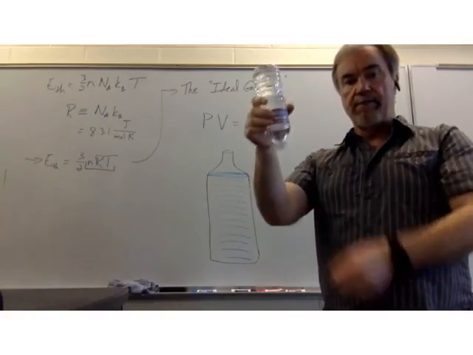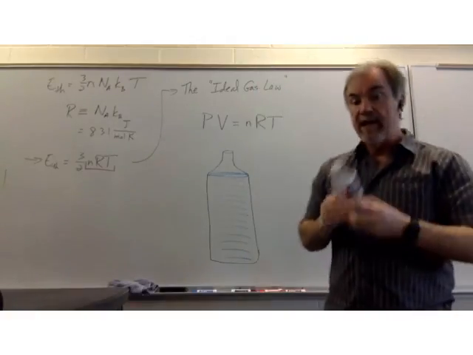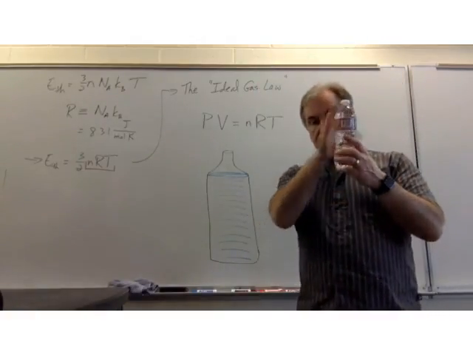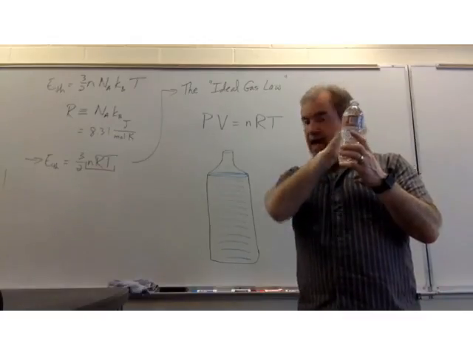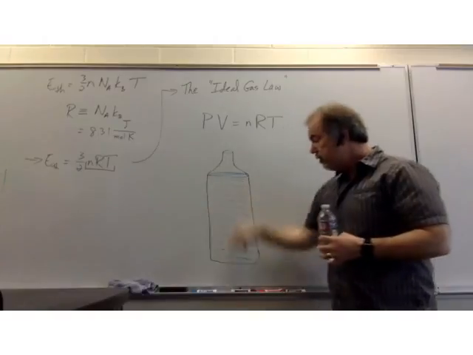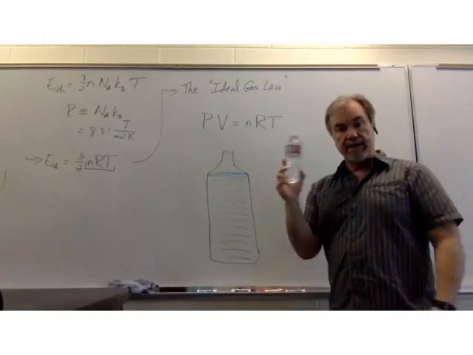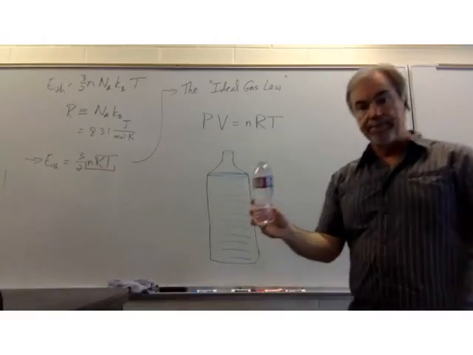I could flip it over, and now they're colliding with the cap. The bottom line is that at every moment, there are countless numbers of collisions of particles that are pushing outward in every direction on the plastic bottle. Okay.